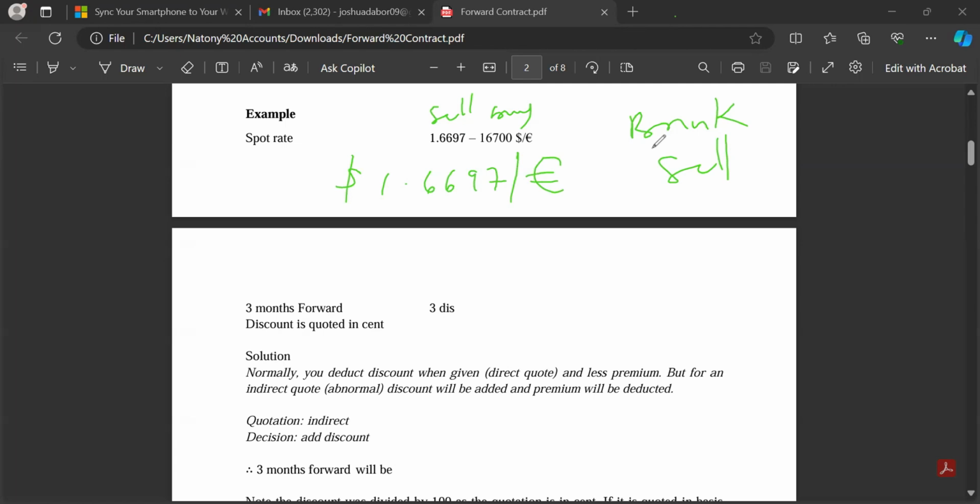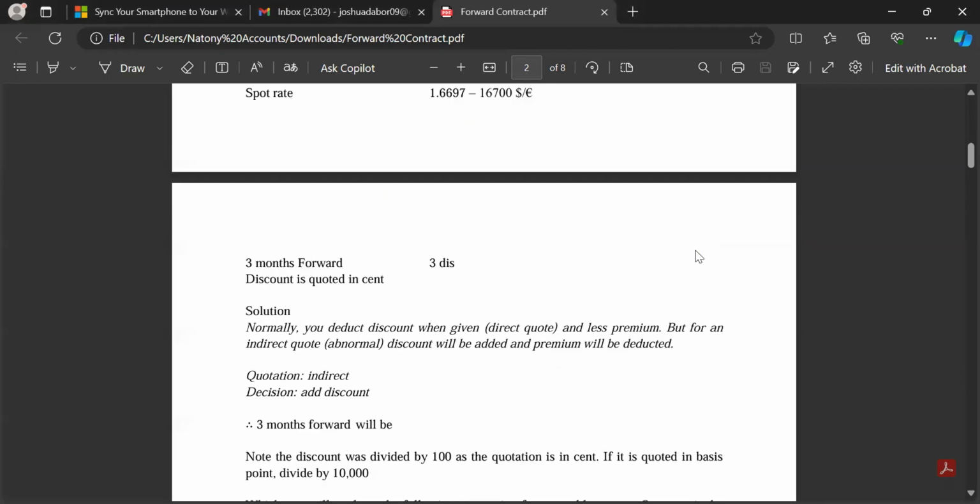So what will be the 3-month forward rate? Since this is an indirect quote, it means that the discount will be added.